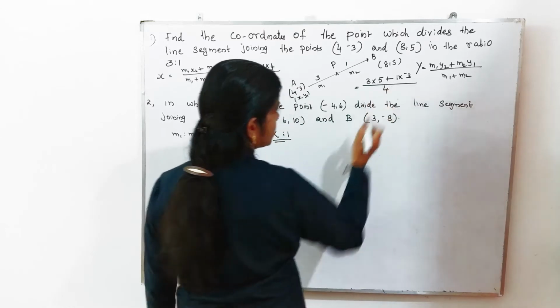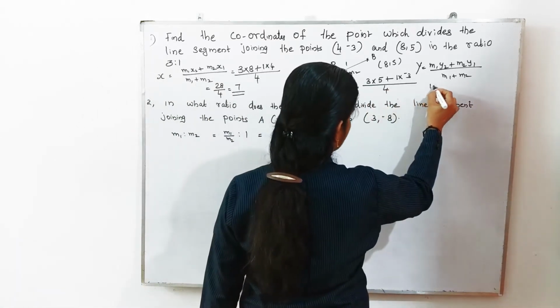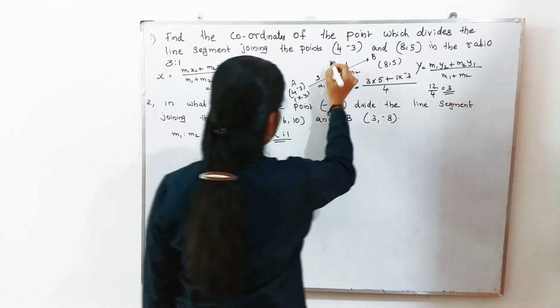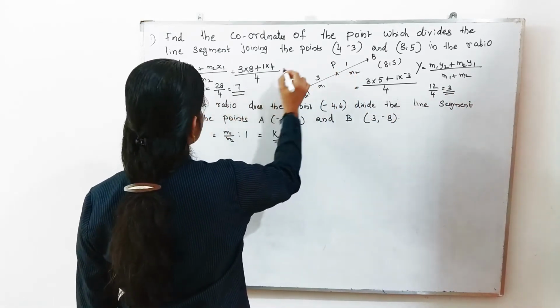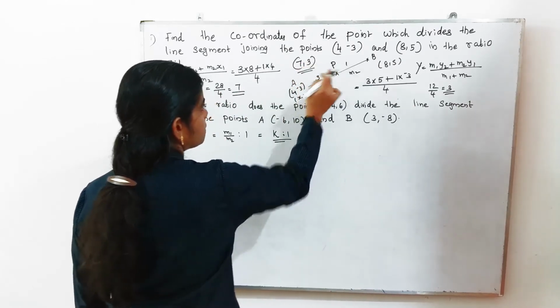Then 15 minus 3, that means 12. 12 divided by 4 is equal to 3. So the coordinates of P are (7, 3).